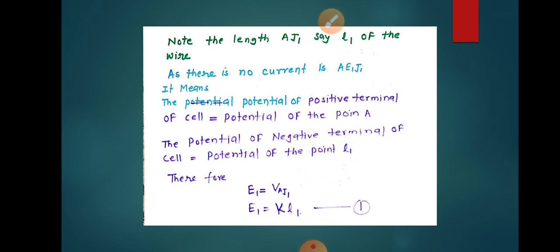So note that the length AJ1, say L1, of the wire, as there is no current in AE1J1, the potential of the positive terminal of the cell is equal to the potential of point A, and the potential of the negative terminal B of the cell will be equal to the potential of point J1.